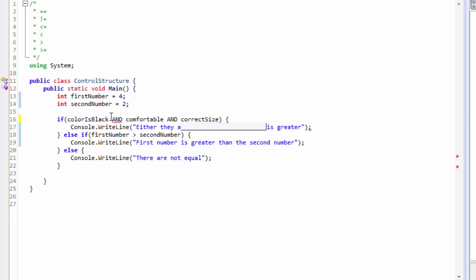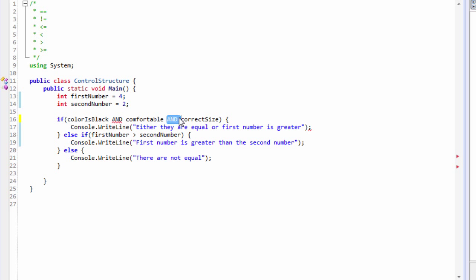So the logical AND operator, we have talked about like color is black and comfortable and correct size. So we essentially have three conditions. These three conditions are being glued together, or joined together, by these ANDs. So we have two ANDs right now.